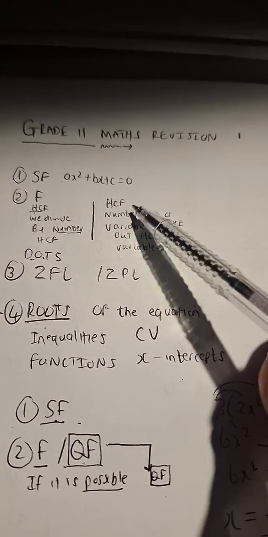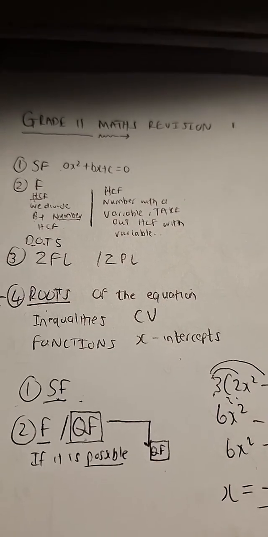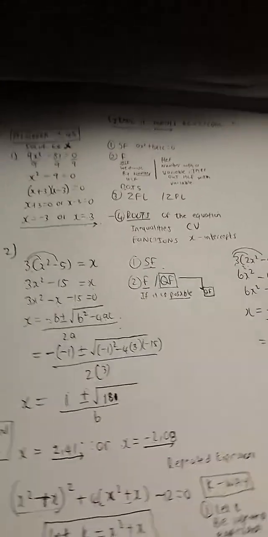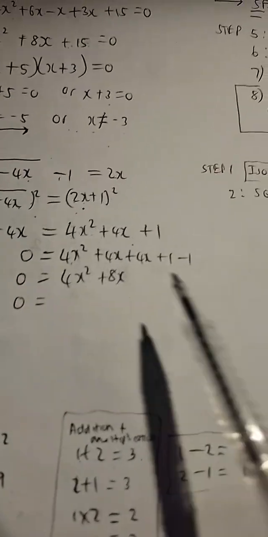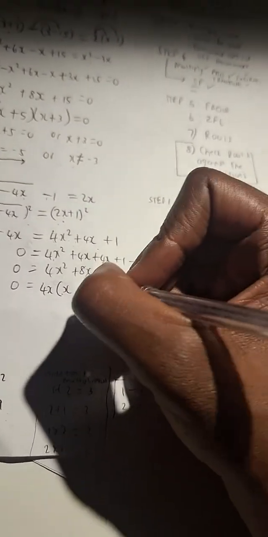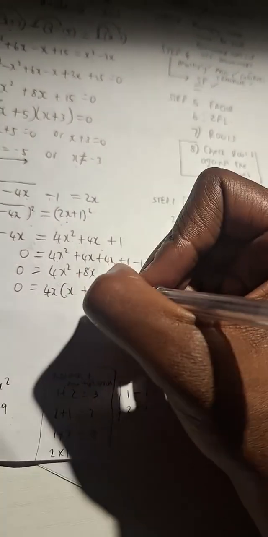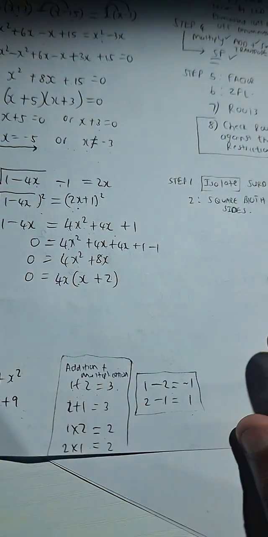But if the highest common factor is a number with a variable, we take it out and we do not divide at all. So here we take out the highest common factor, which is 4x. Then what are we left with? x plus, what's 4x times 2x? Plus 2.